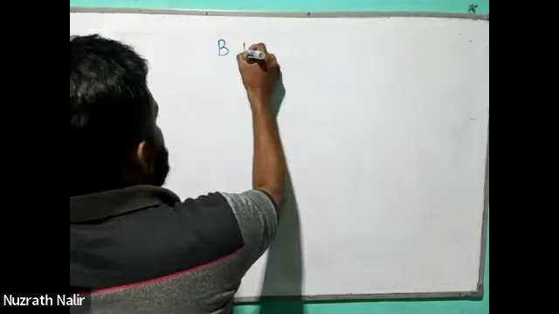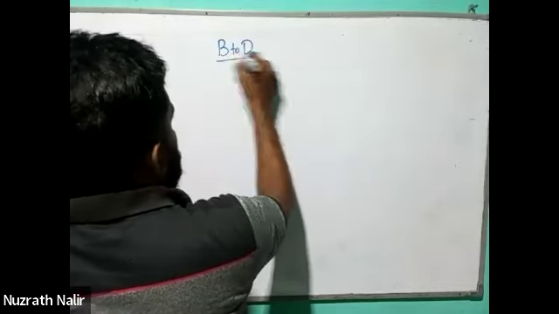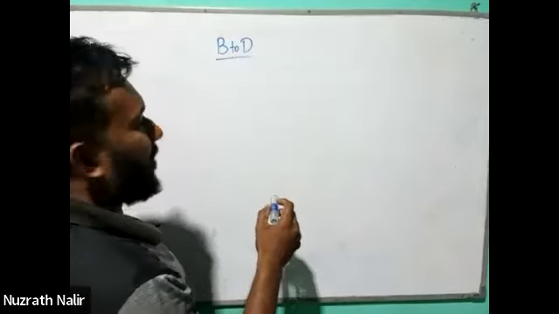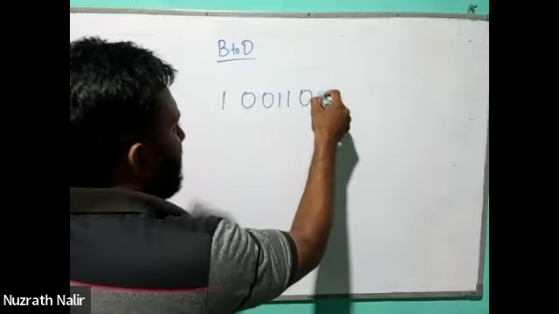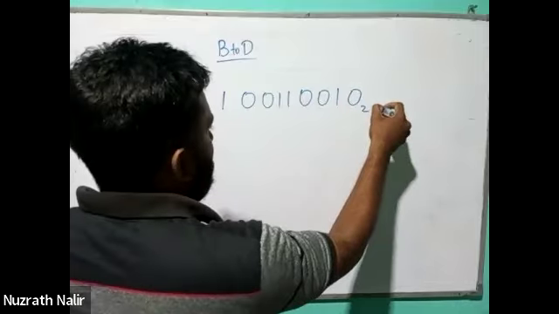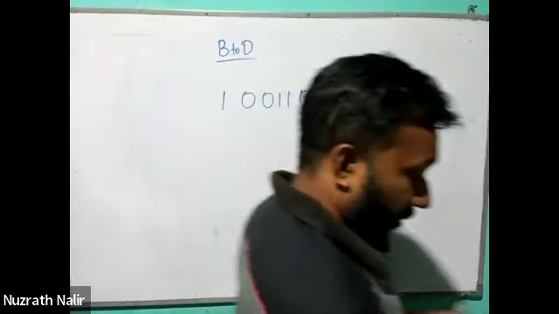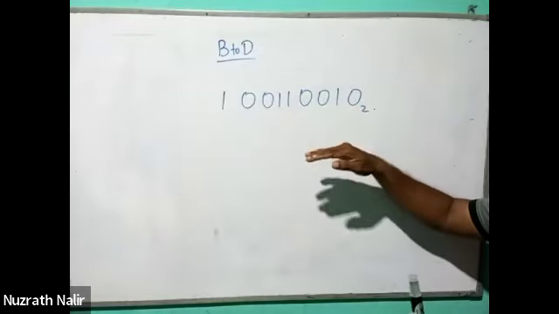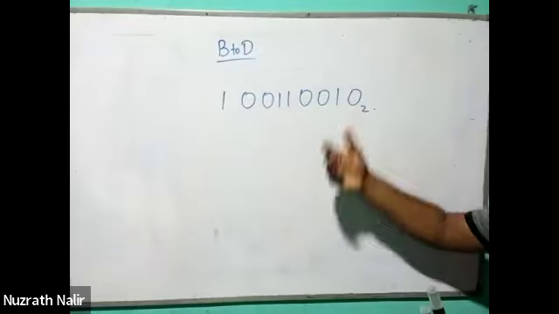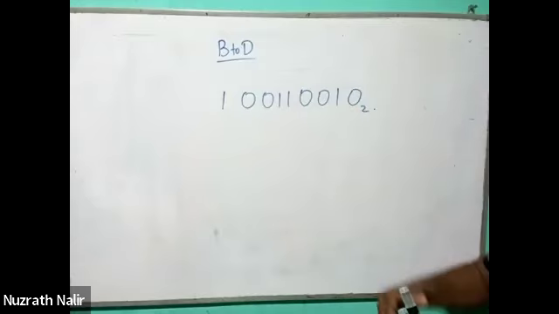In binary to decimal, listen here. 1, 2, 3, 4, 5, 6, 7, 8, 9, something. Okay, so this is your question. As I mentioned earlier, write down the ones values downwards and zeros values upwards.